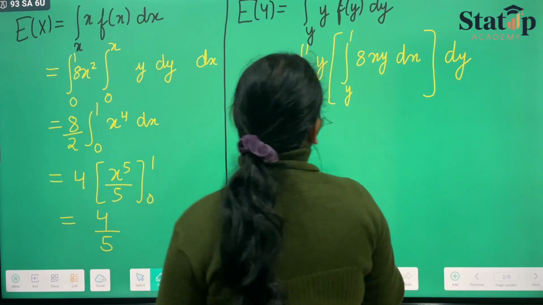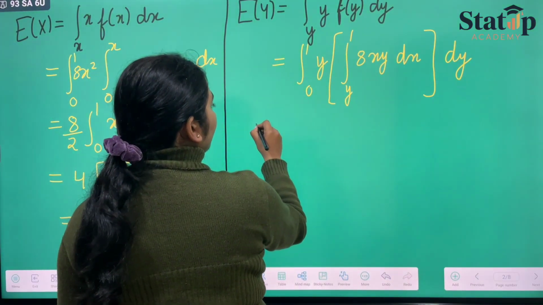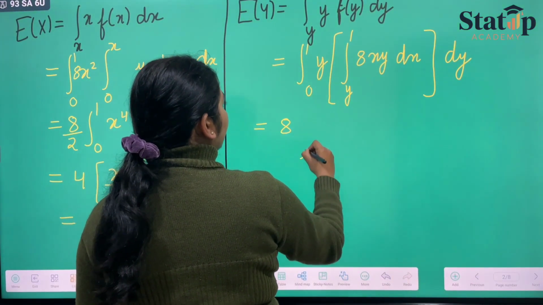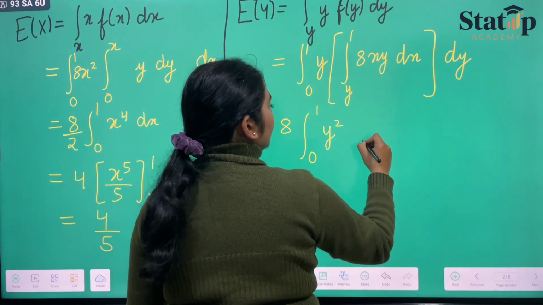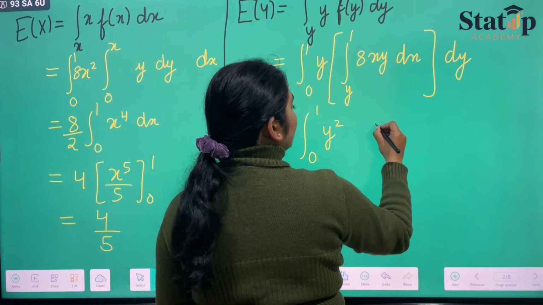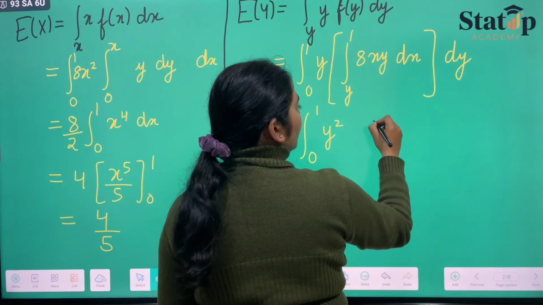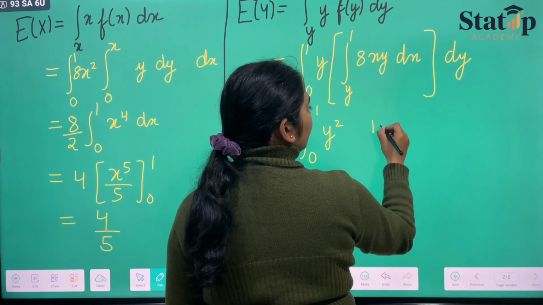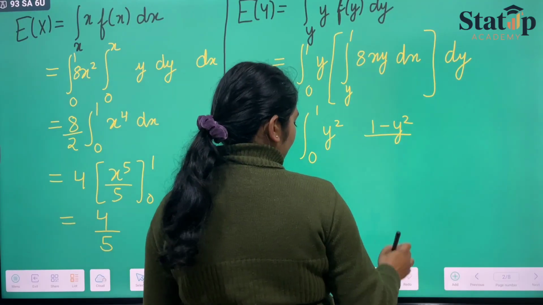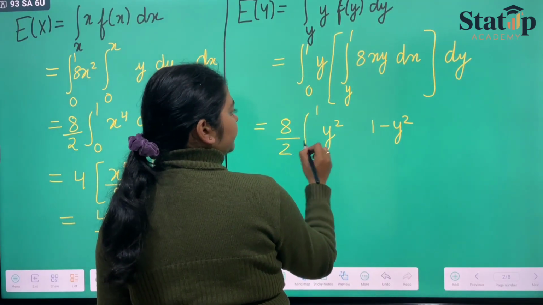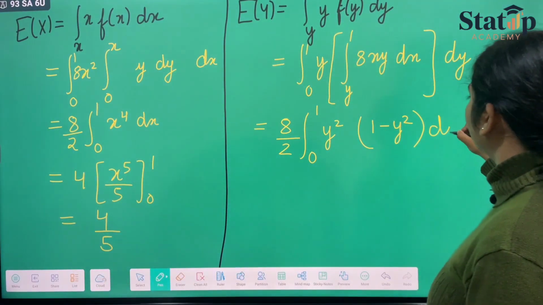Now here also we can take 8 outside: 8 integration 0 to 1 of y times the integration of x. Integration of x will be x square by 2, which is nothing but 1 square minus y square by 2, and the 2 we can take outside, dy.